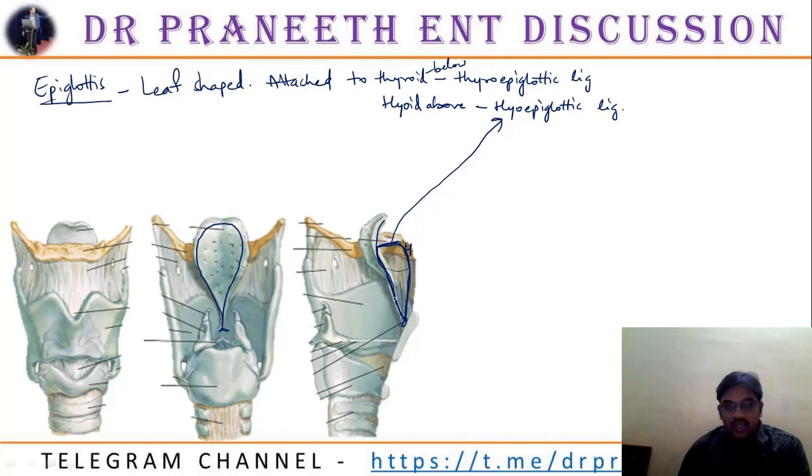And if you see the thyrohyoid membrane and the thyroid cartilage below and posteriorly the epiglottis, you are getting a triangular space over here. This space is called the pre-epiglottic or Boyer space.